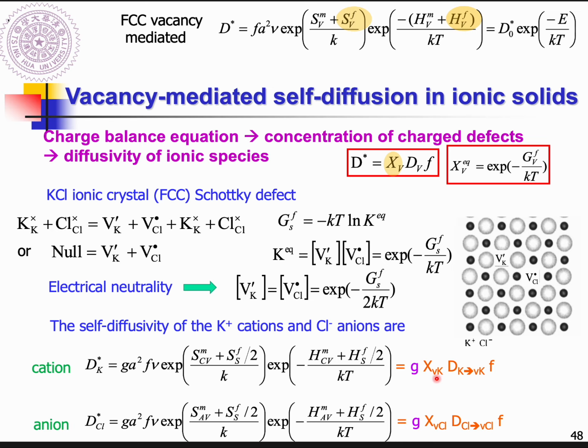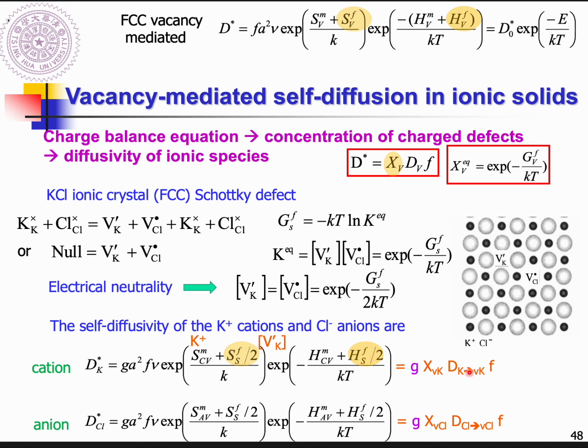So what's the XVK? XVK is the same as VK prime, right? As I mentioned, it's a fraction of VK. So just copy this term: it's the Schottky defect formation energy divided by 2kT. But this is a G, so we want to separate it into entropy and enthalpy terms. So this term will be VK prime or XVK.